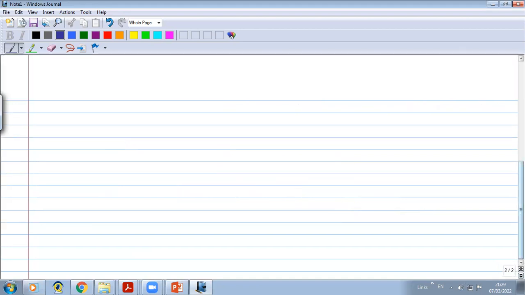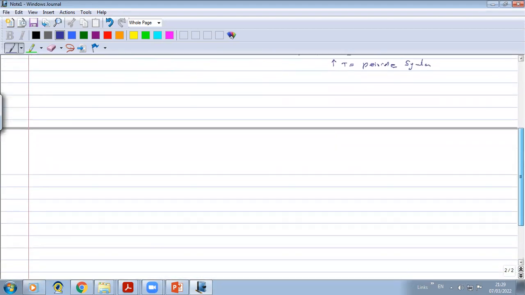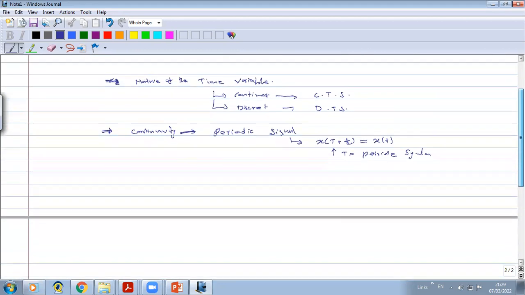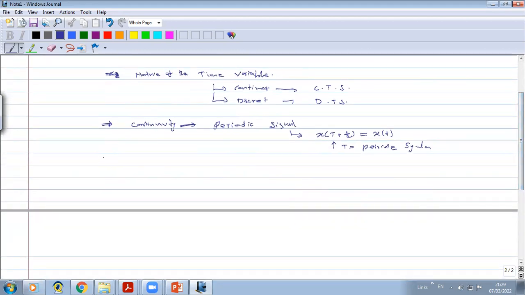So today, actually, we have several classes or types of signals: random and deterministic signals, then odd and even signals, and energy and power signals, and so on. We have to discuss these things.